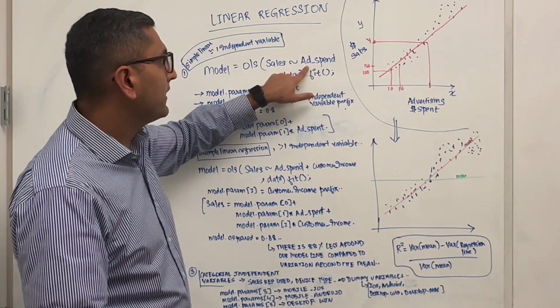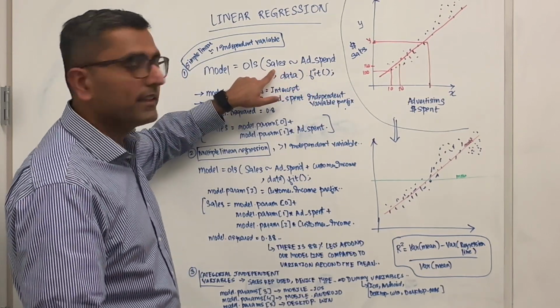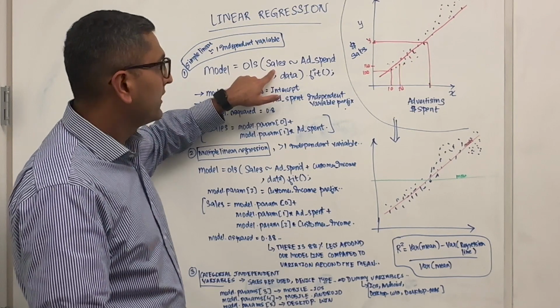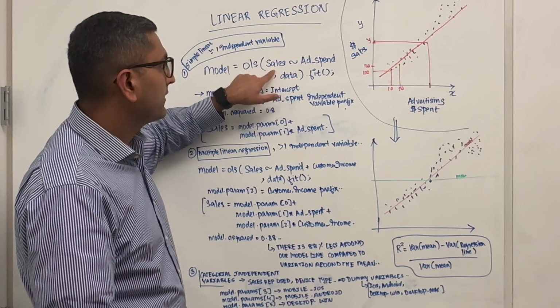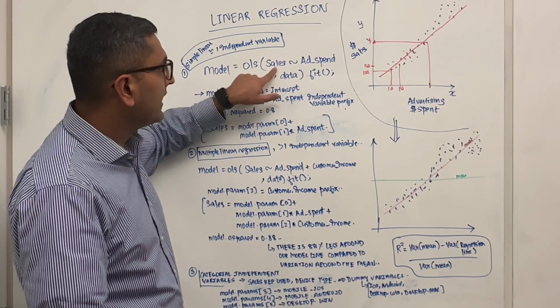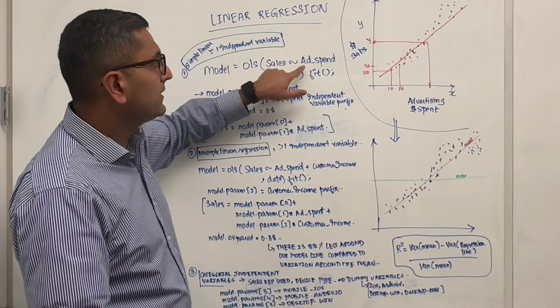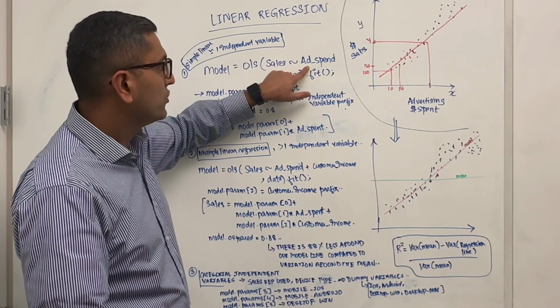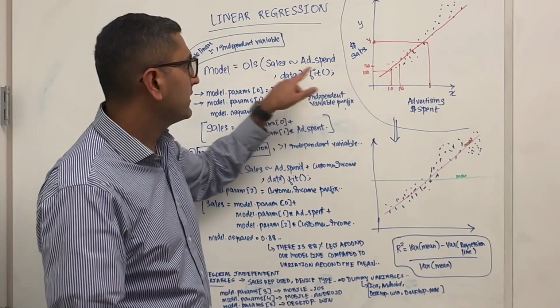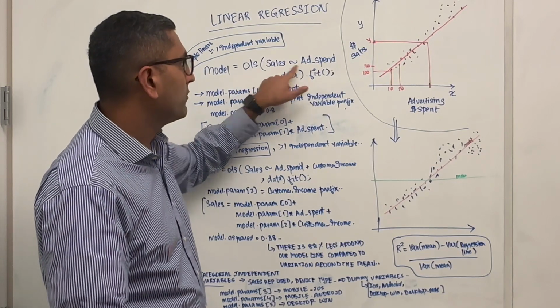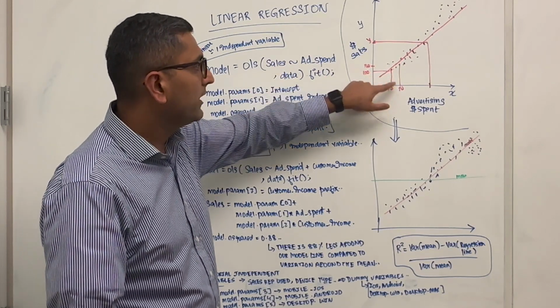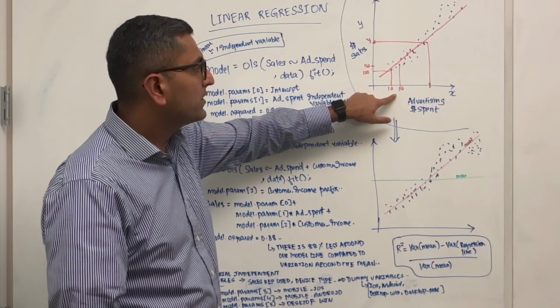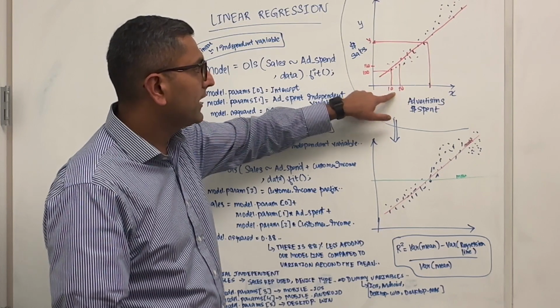Using ad spend, predict sales. So build a model that can help you predict sales based on ad spend. Each data point is a sales and ad spend combo, which represents how much money you spent on advertisement and how much sales you got.